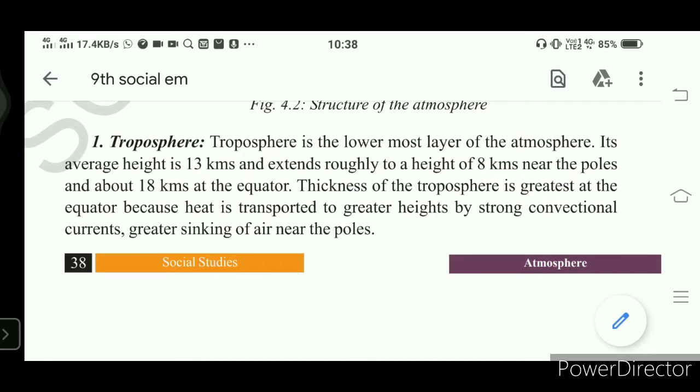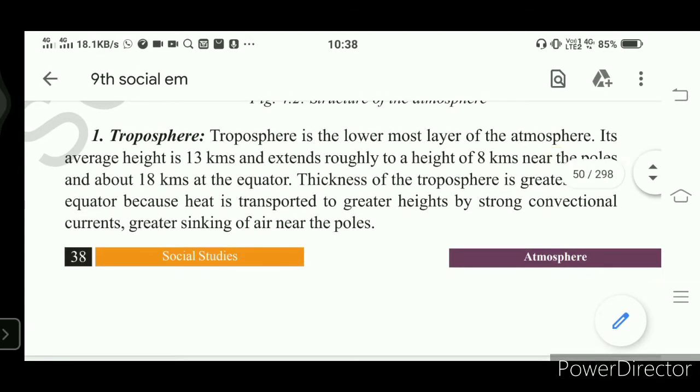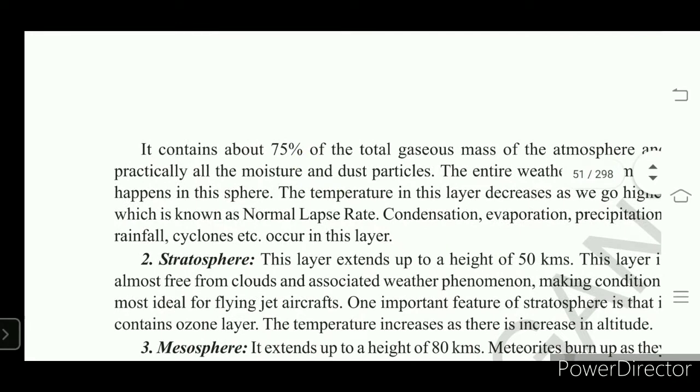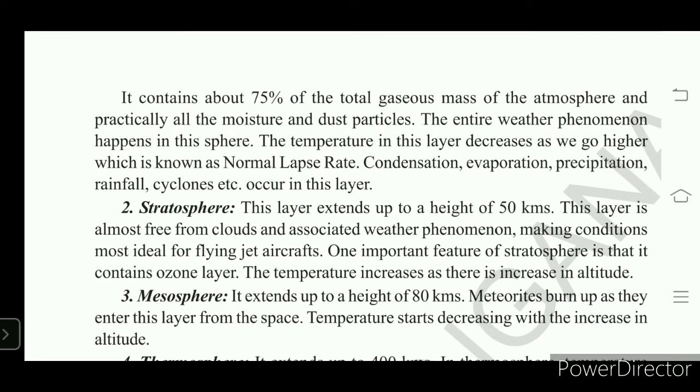And this troposphere consists of 75 percent of the total gases of the atmosphere. Understand? The troposphere consists of 75 percent of the total gases, moisture, dust particles, and whatever changes take place in the atmosphere.